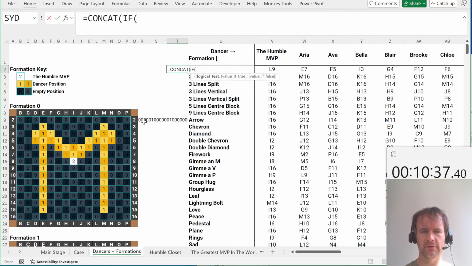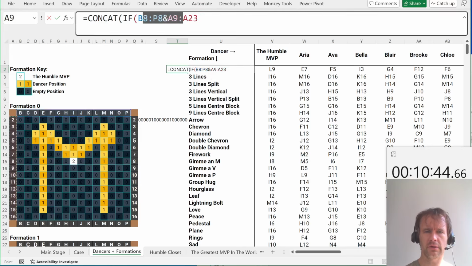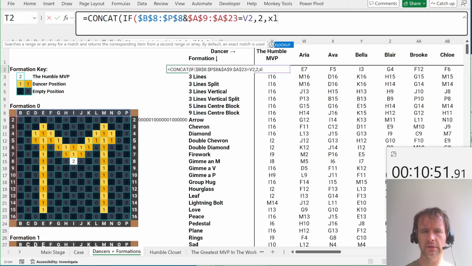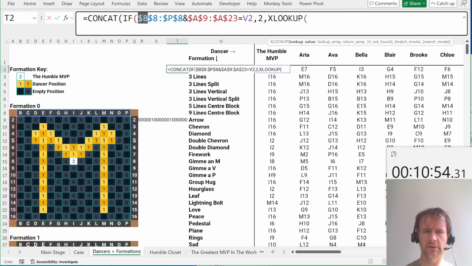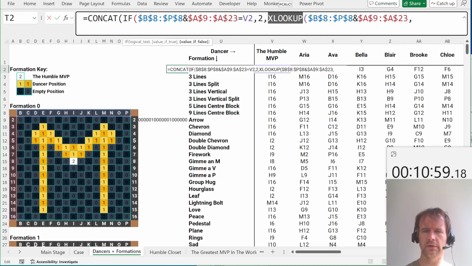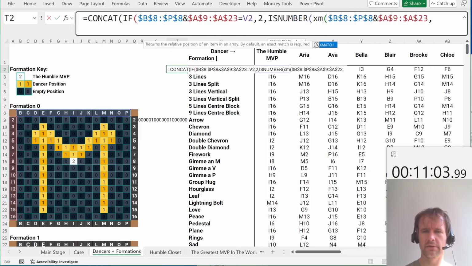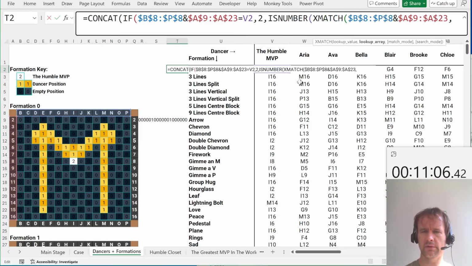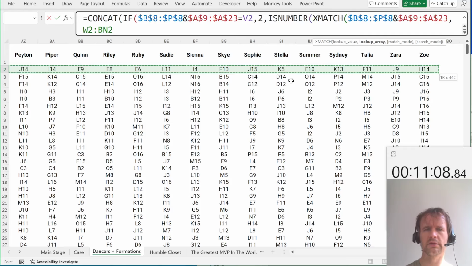Let's say if this and this, lock all of that, equals this, then 2, otherwise XLOOKUP the same thing in, otherwise is number X match the same thing against all of this times 1.